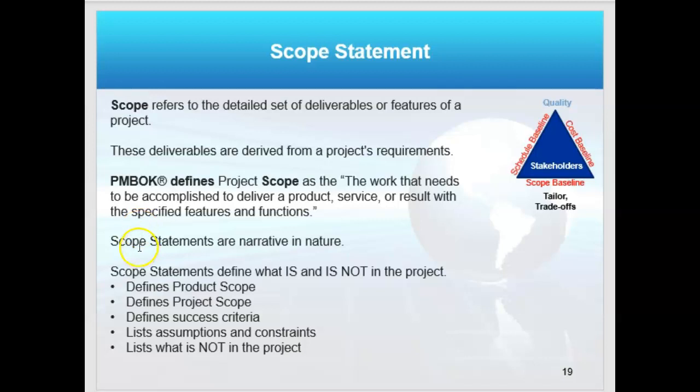Okay, so it's a narrative statement, and you always want to have in this narrative statement items I've listed here: the product scope. Tell me what the product is going to look like after the project even. The project scope, which will define the deliverable, what is success, list assumptions and constraints, and I always list what is not in the project, right?